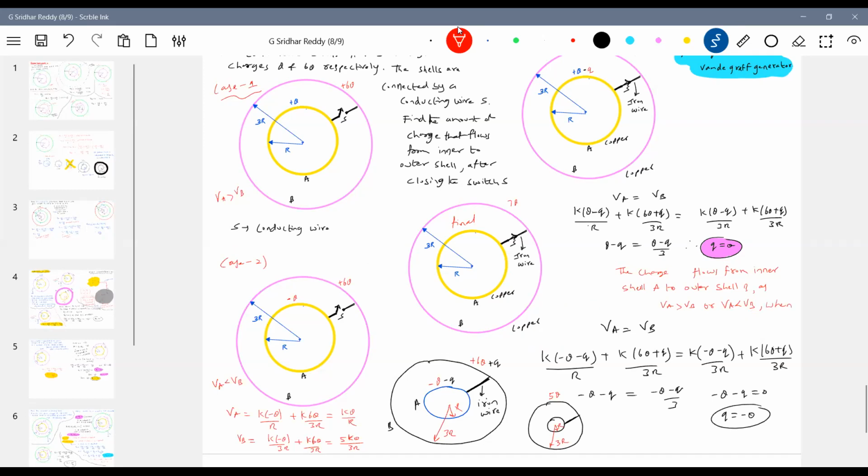Without a joining wire, charge cannot jump. This will become the generalized statement. Even Van de Graaff was surprised when he got this. He could not believe it.